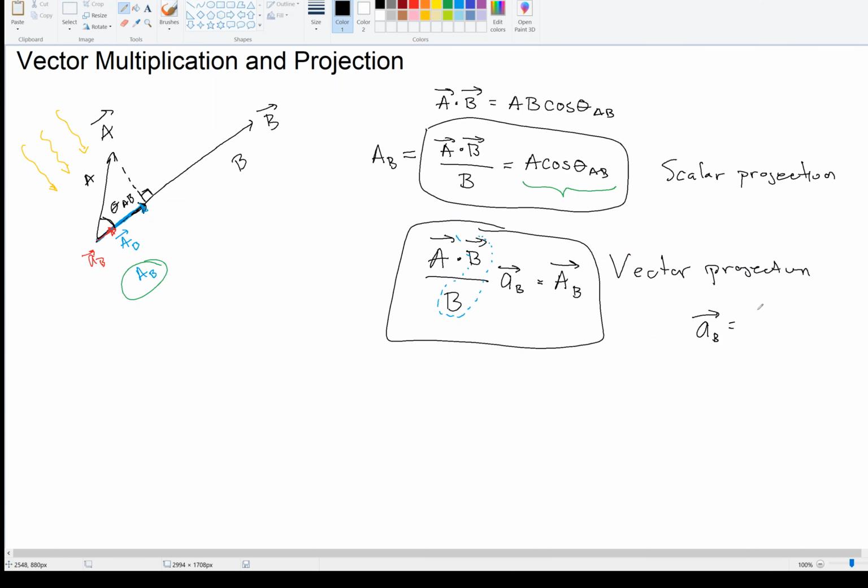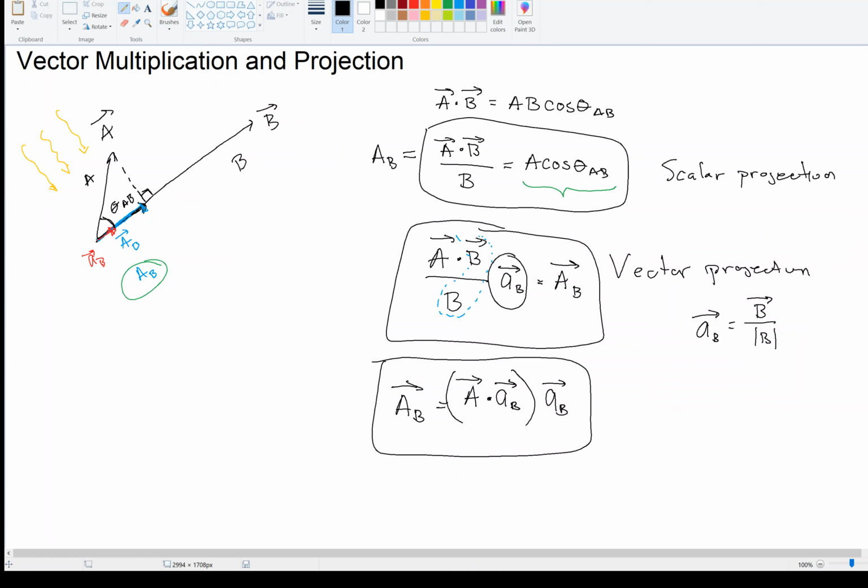That we can get a unit vector by taking a vector and dividing by its own length. So there I have A sub B, and so I can write this left-hand side as A dotted with a unit vector that points in direction B. That's what I've circled there in blue. So that's that entire fraction, then times a sub B. That's this guy here. So here's my vector projection operation.